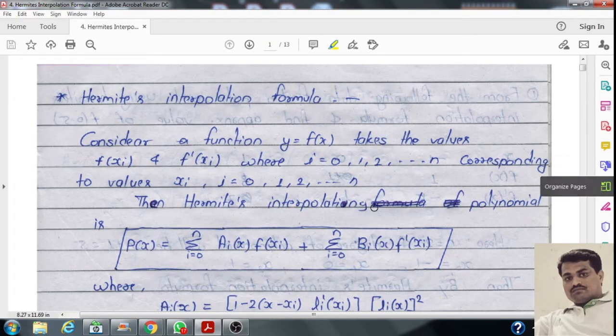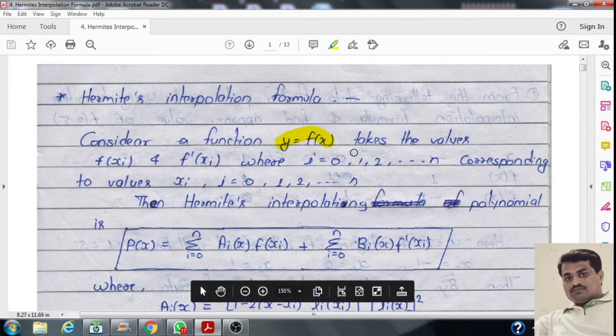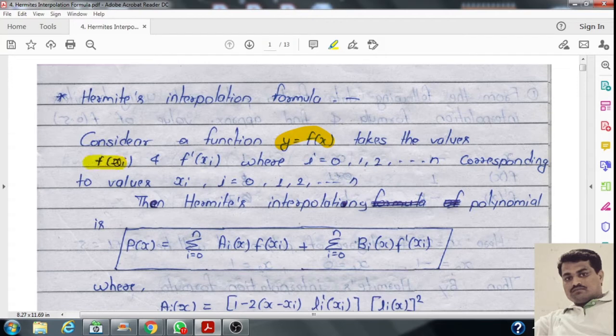First we consider a function y is equal to f of x, which takes the values f of xi and f dash of xi, and here i goes from i is equal to 0 to i is equal to n. Means there are n plus 1 points corresponding to the values of xi.